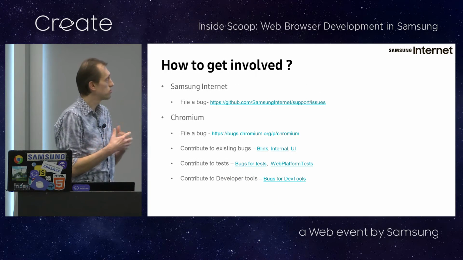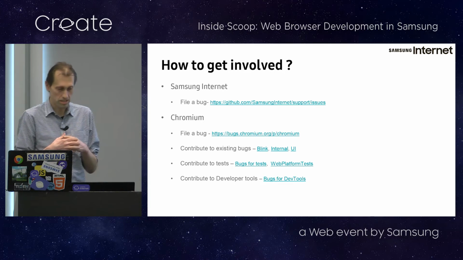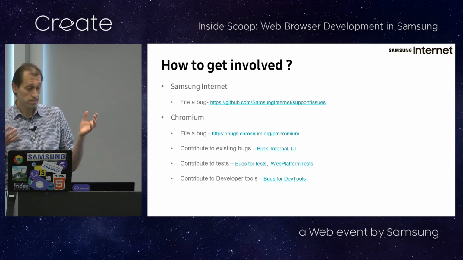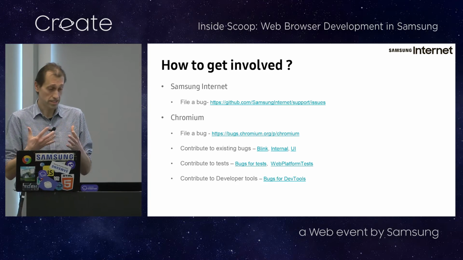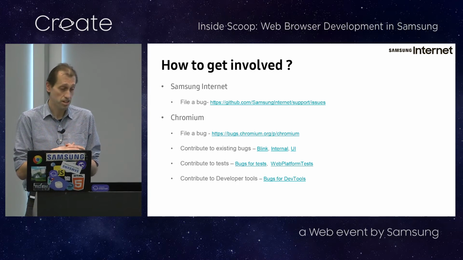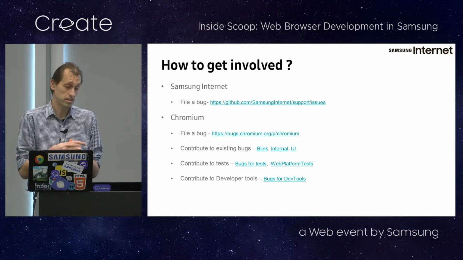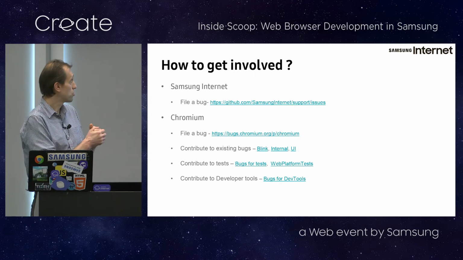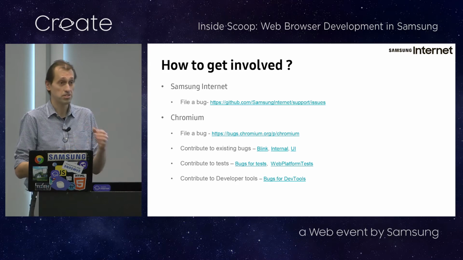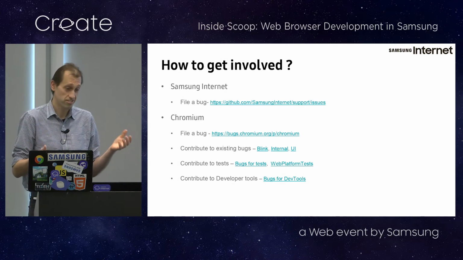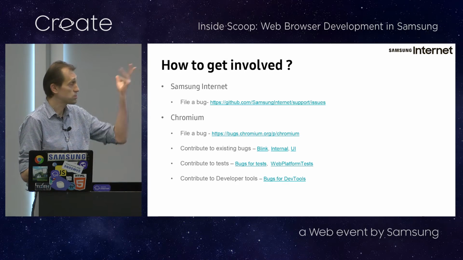So I wanted to finish up on a note that's perhaps a little bit actionable. If you want to get involved with all this, you can, even if you're perhaps not a C++ developer. If you're a web developer and you're testing your code on Samsung Internet, which is something that you should really do, and you find something, just file a bug.